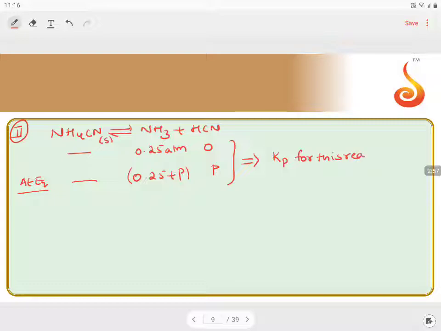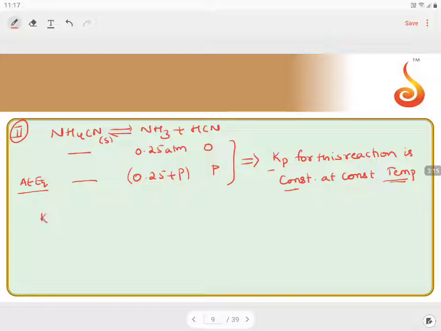Kp is constant at constant temperature. Since the temperature is constant, Kp will be constant, with no effect from taking 0.25 atmosphere of ammonia initially.